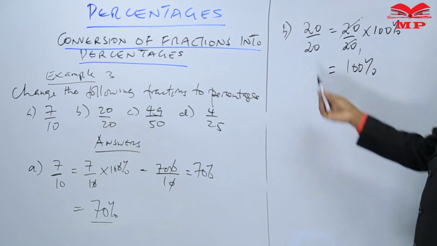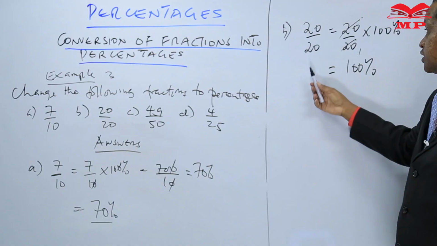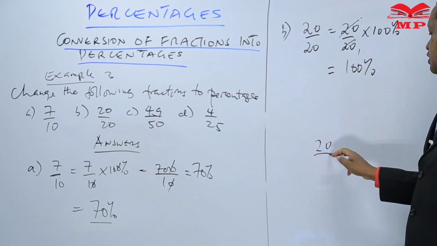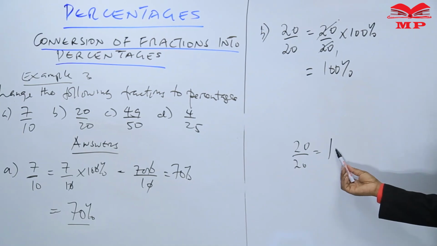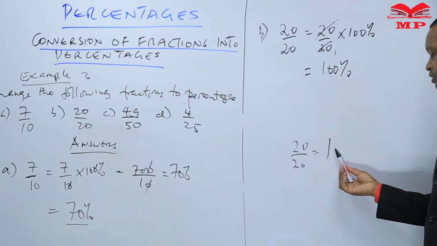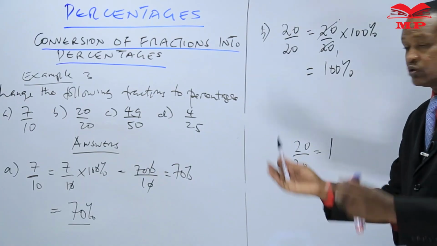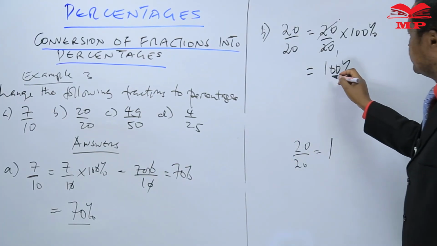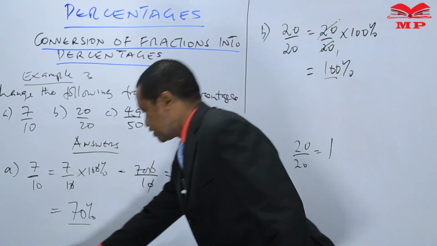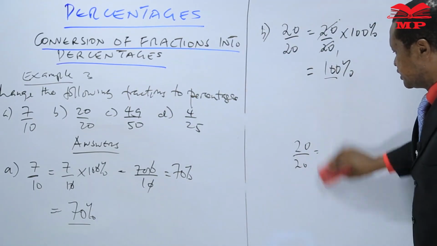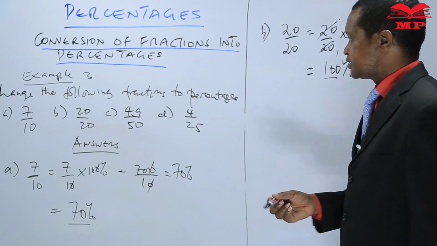A fraction like 20 over 20 is just equal to 1. This is a whole number. That's why it is equivalent to 100%.